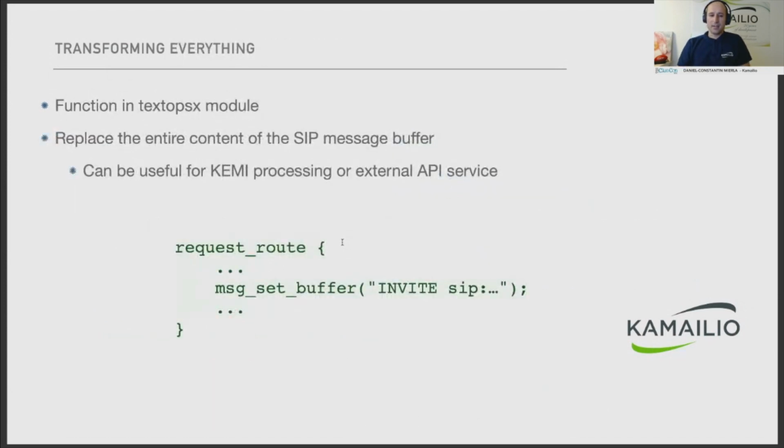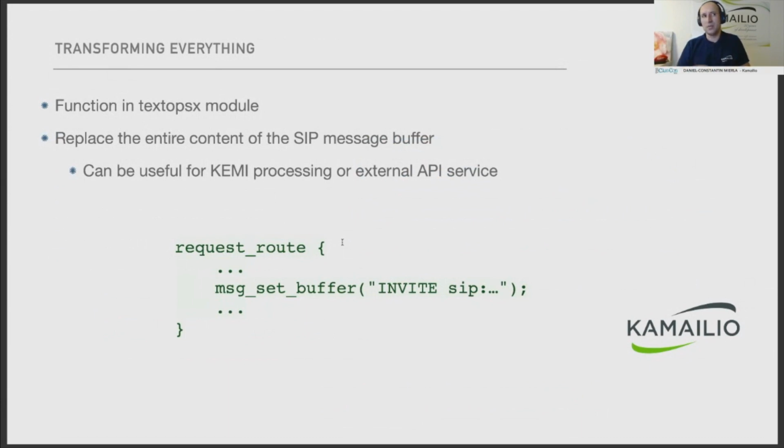And then we have transform everything. You can build your entire SIP message, reply or request. That could be useful, especially for KEMI. KEMI is the framework where you can write the routing logic for Kamailio in Python, Lua, JavaScript, so these advanced scripting languages, not our own scripting language.